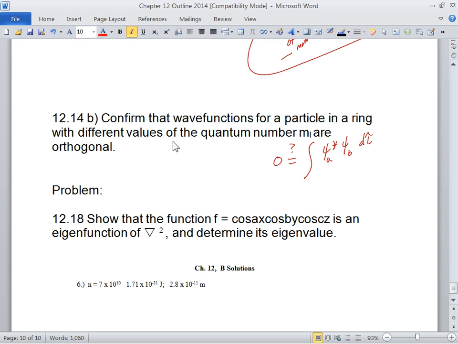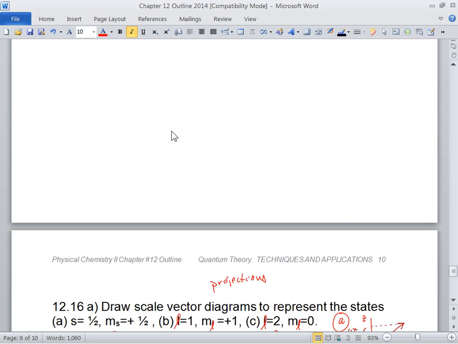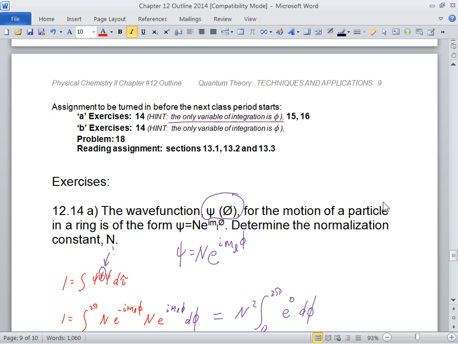Oh, this would be so much easier if we had the book. Okay, so if you look at 14, you just got off of doing 14. Imagine this. You just got done doing 14. You figured out what little n is. So now you have the wave function for the motion of a particle in a ring. You're done. Psi equals whatever you got, e to the i m sub l phi.